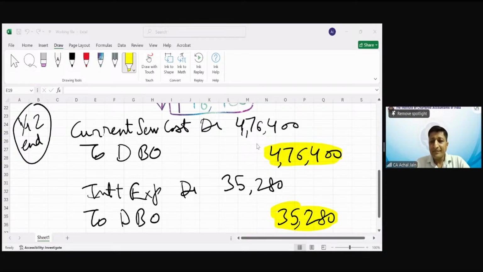Sure? Please confirm. Ishan is asking, sir, in year 3, interest would be on 9,52,680. That's correct. Okay, what about others? Any more questions? Everyone clear? Sure.